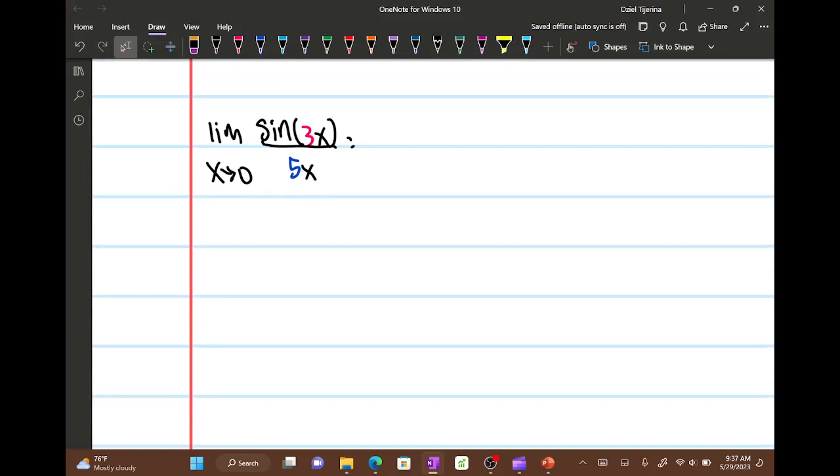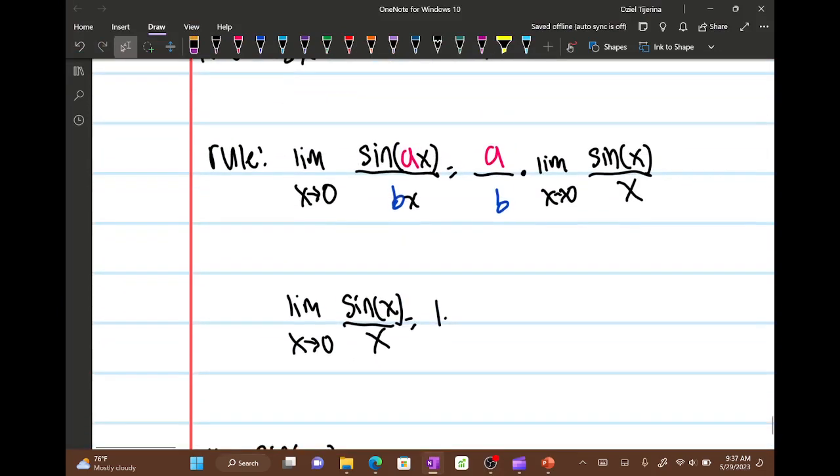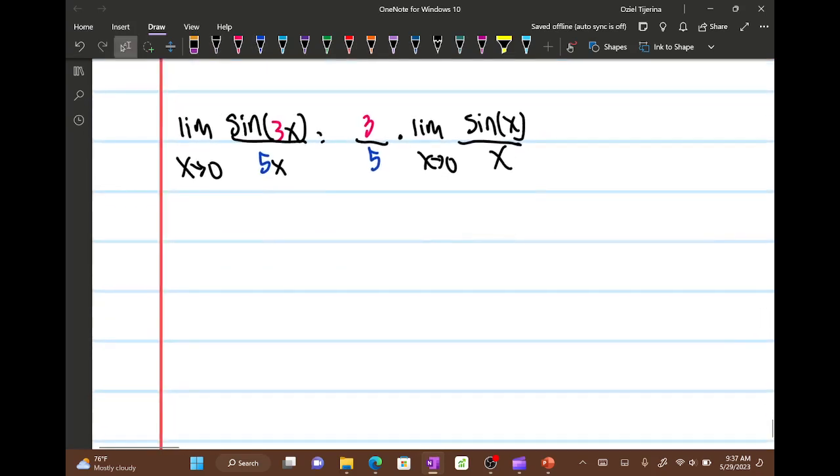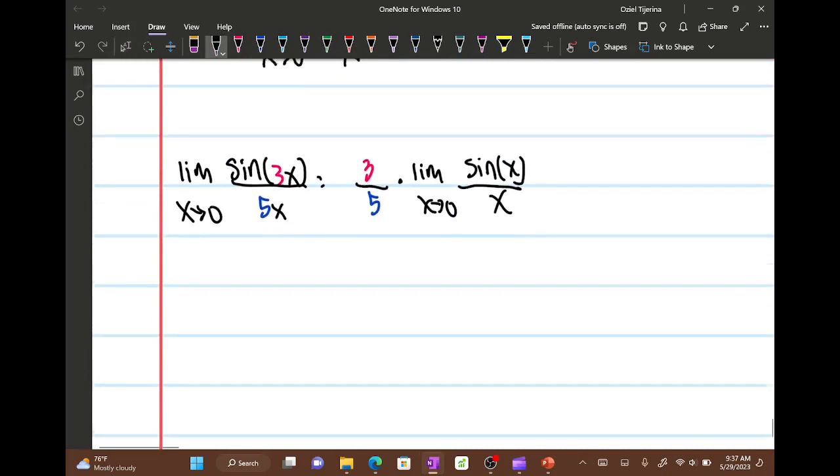If I have this, I can use this rule to find that limit. So we know that this will be equal to 3/5 times the limit as x approaches 0 of sine of x over x. And we know that this is true because of that theorem.